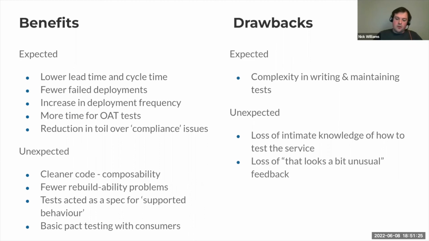Whereas once we'd moved these to be more automated and shifted the ownership left, so that the engineers could be writing a lot more of the tests, it freed our QAs up to really think about the more intricate problems. How do we recover? How do we make sure we don't get any data loss? What happens if we lose a whole availability zone? They had a lot more time to think about that, which was great.